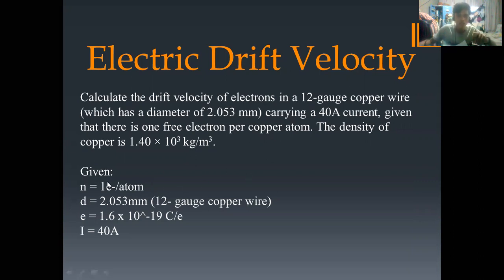The given is N is equal to 1 electron per atom. The diameter is equal to 2.053 mm in a 12-gauge copper wire. E is the constant which is 1.6 times 10 raised to negative 19 coulomb per electron. And the current is equal to 40 amperes.